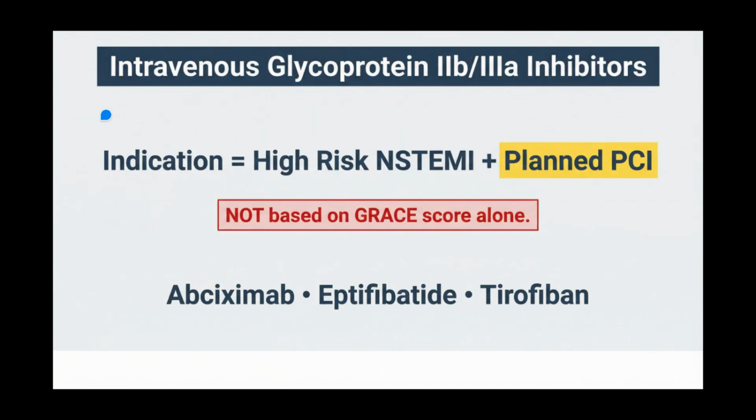Intravenous glycoprotein 2B/3A inhibitors are antiplatelet drugs used mainly during high-risk PCI and include abciximab, eptifibatide, and tirofiban. They are considered only in high-risk NSTEMI patients when PCI is planned, not based on GRACE score alone.